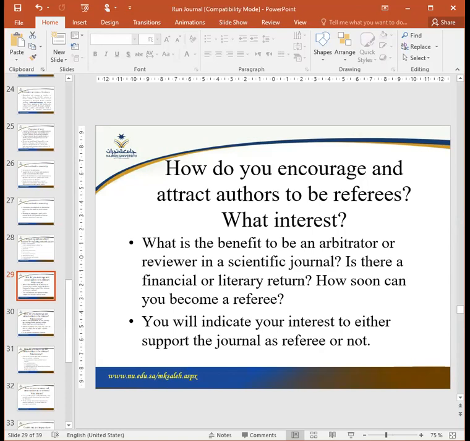But that does not mean it is your choice, even if the paper to be reviewed is in your field of specialization. Additionally, your appointment as a referee does not imply that you will receive a significant payment or money.